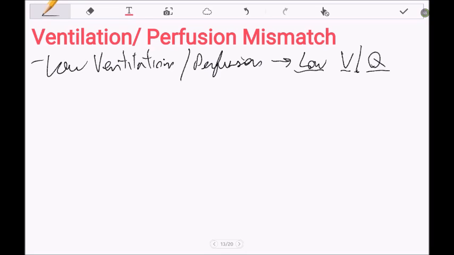This is where blood flow is normal or unhindered. However, ventilation is hindered. Okay, so low ventilation, low air and normal flow, right? This is also called shunting.